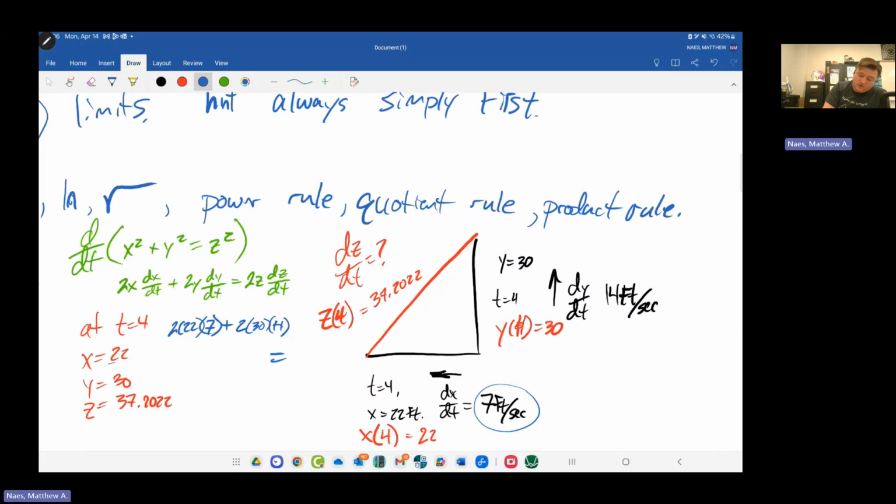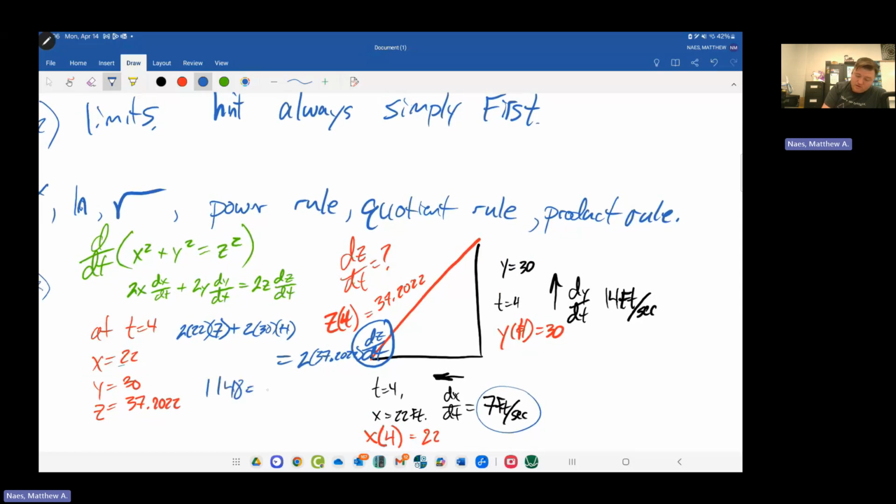That is equal to 2 times z, which is 37.2022, times dz/dt. Now my goal is to get dz/dt by itself. So I'm going to solve what I have on the left side, 2 times 22 times 7 plus 2 times 30 times 14. That gives me 1,148.